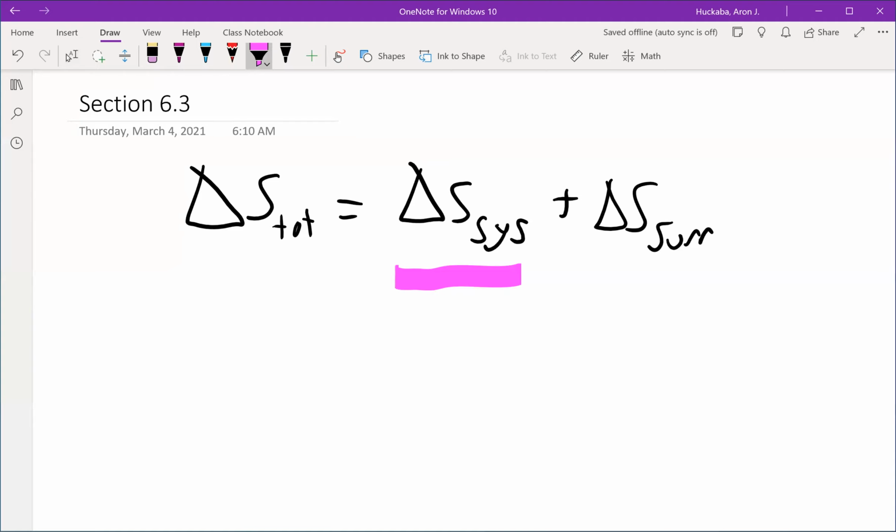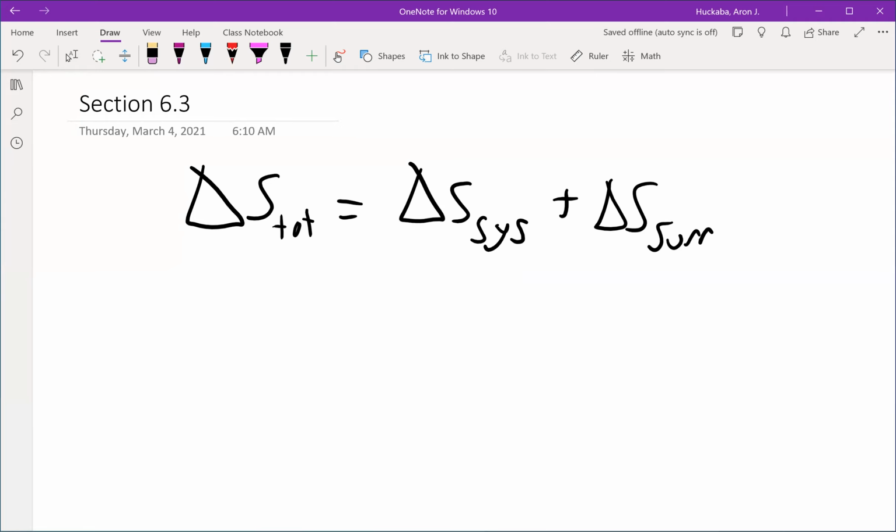So what we're going to do this time is focus a little bit on the delta S of surroundings and how we talk about that mathematically. Because delta S of surroundings does help us to know about the energy of a reaction and if it will be spontaneous. But we still run into the same problems that we did before because delta S surroundings is kind of hard to measure.